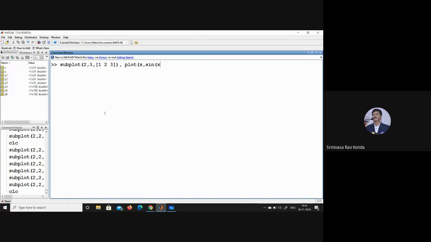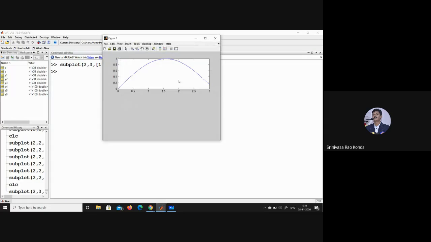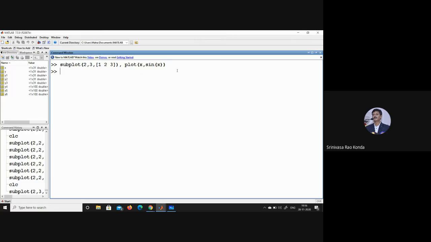You can view like this also. I am telling all other options. Okay. Sin x. Like this. Subplot 2 comma 3 comma 4. Oh, sorry. 2, 3, 4. Somebody told me 2, 3, 4.